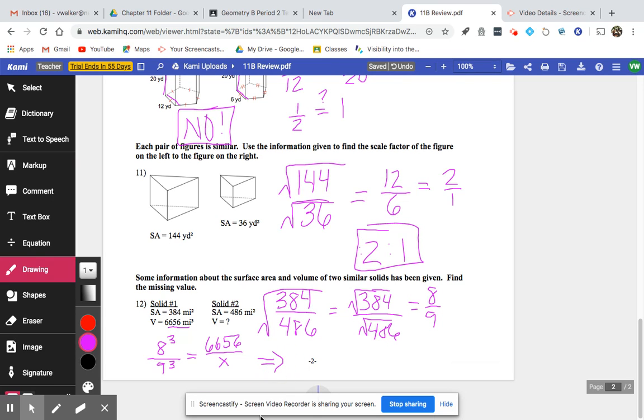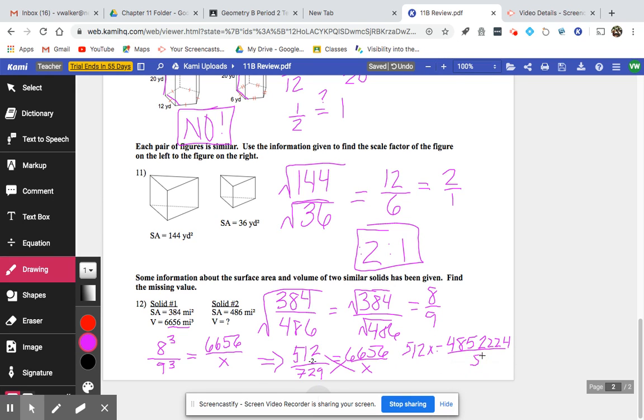So 8 to the third is 512. 9 to the third is 729. Equals 6656 over x, and from here we cross multiply. So we have 512x is equal to 4,852,224.